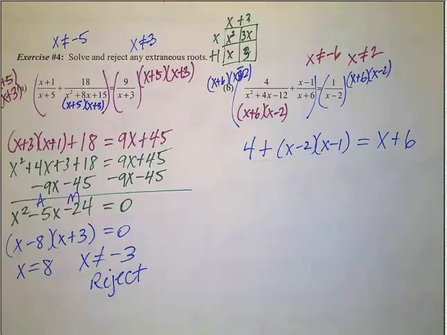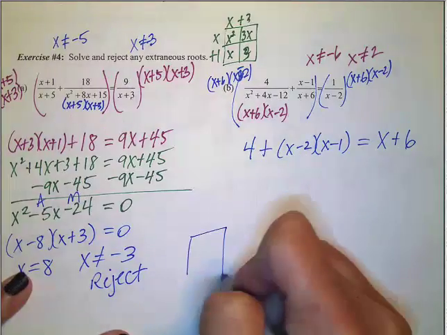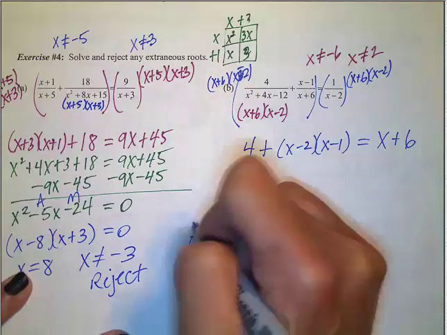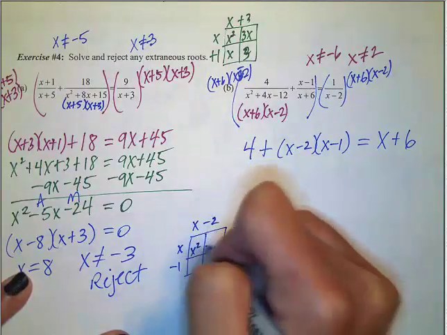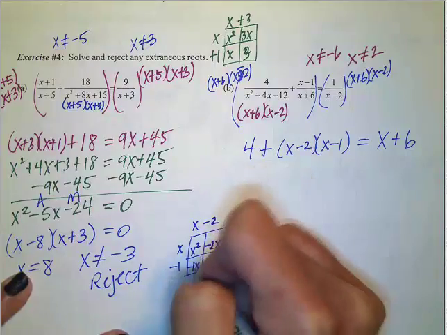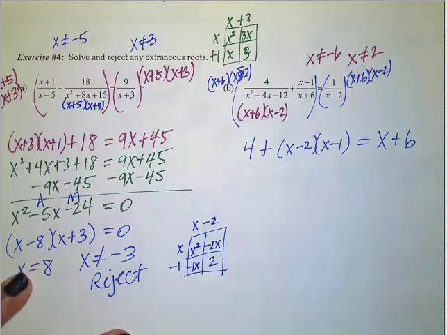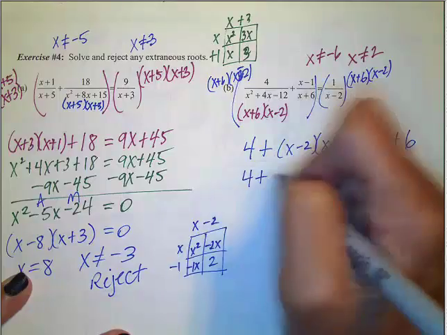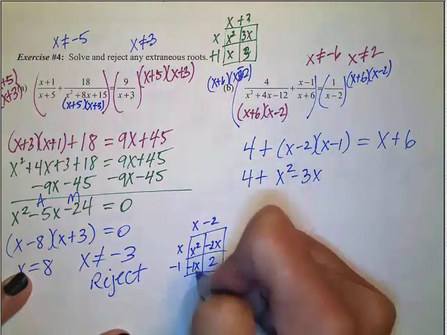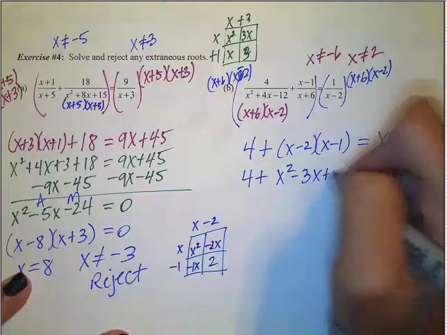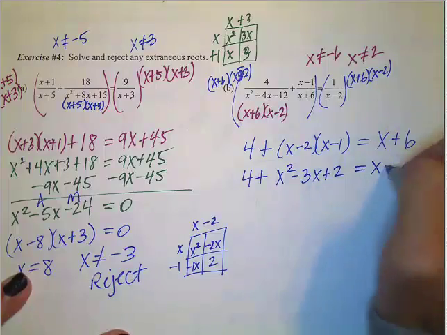I have to do another box for this binomial times binomial. So x minus 2 and x minus 1, I get x squared minus 2x minus 1x plus 2. So 4 plus x squared minus 3x, so minus 2 and minus 1 is minus 3, plus 2 equals x plus 6.